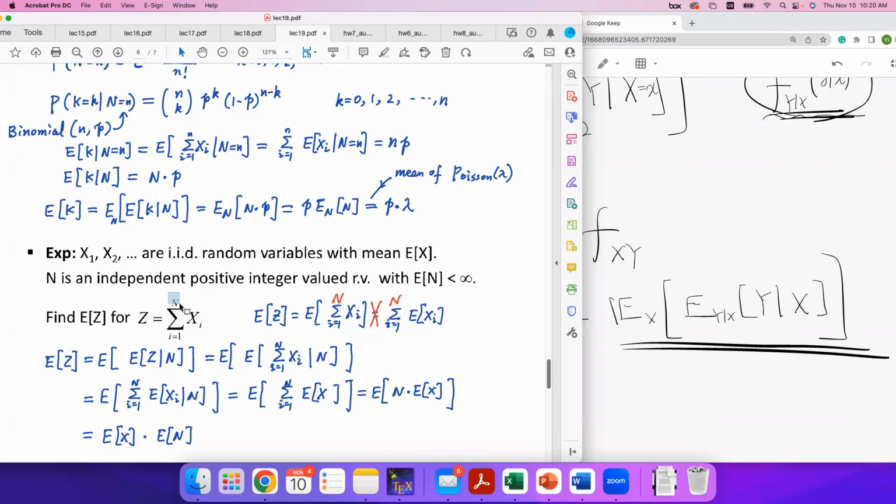Second, the number of xi's involved in the sum is also random. This upper bound n is also a random integer. So we need to compute the mean of this random variable z.